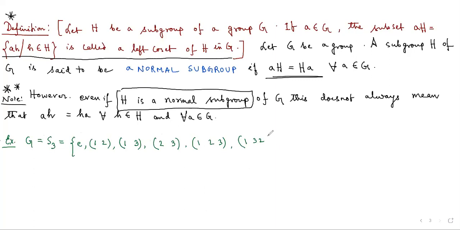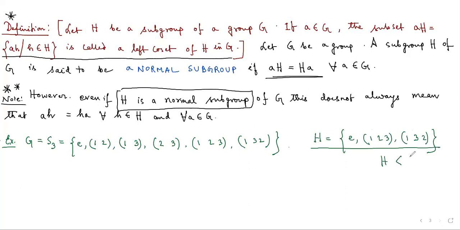Now I'm considering a subgroup capital H consisting of only three elements: e, (1 2 3), (1 3 2). You can very easily show that this is a subgroup of the symmetric group S3.